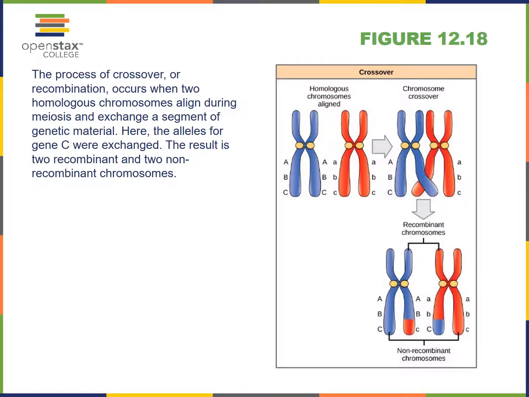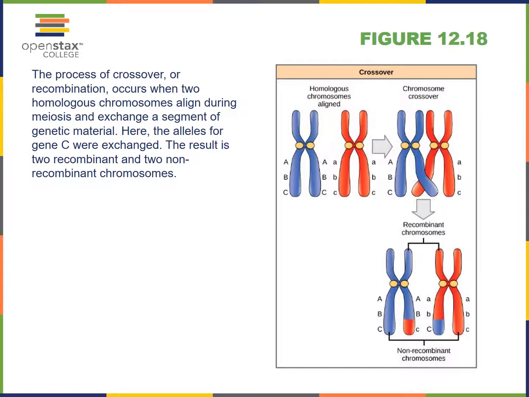So some genes do violate independent assortment. Some genes are linked, and it's based on how close they are on the same chromosome. So for genes to be linked, they have to be on the same chromosome, first off, and then they have to be pretty close together. Their loci, their locuses have to be pretty close together on the same chromosome.